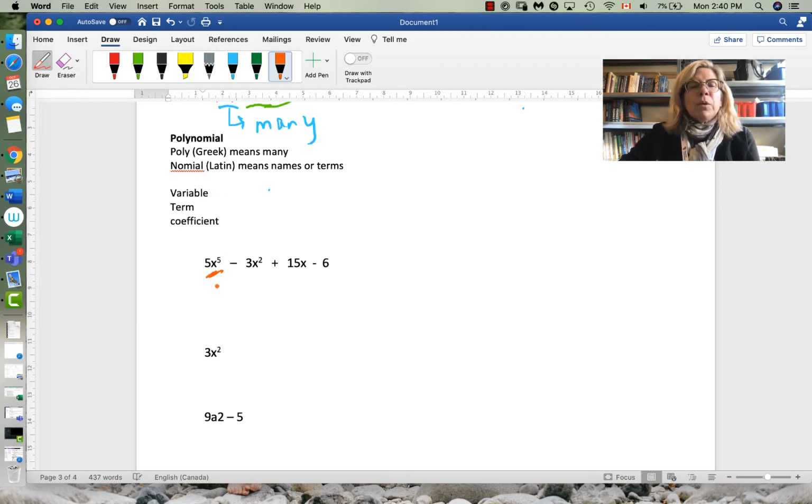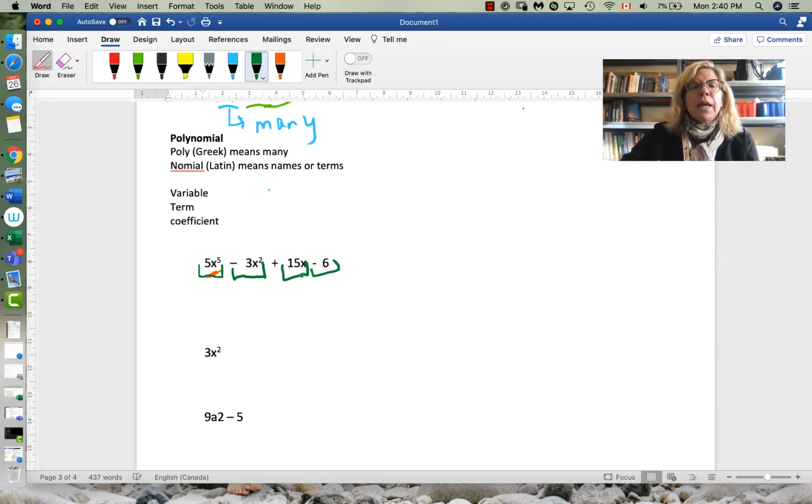The term refers to the whole element that is part of this math sentence. So 5x cubed is a term, and minus 3x squared is also a term, and 15x is a term, and minus 6 is a term.